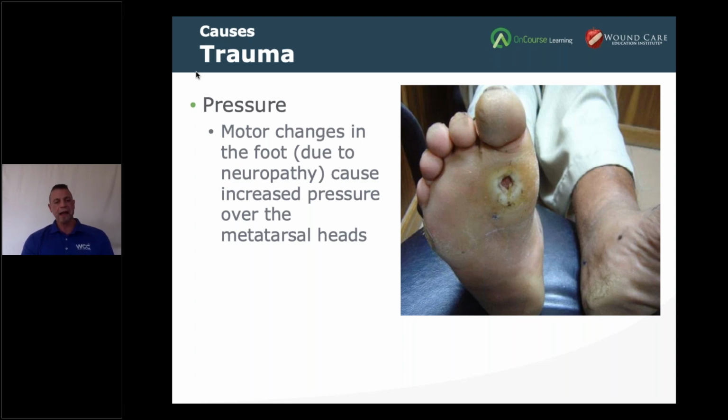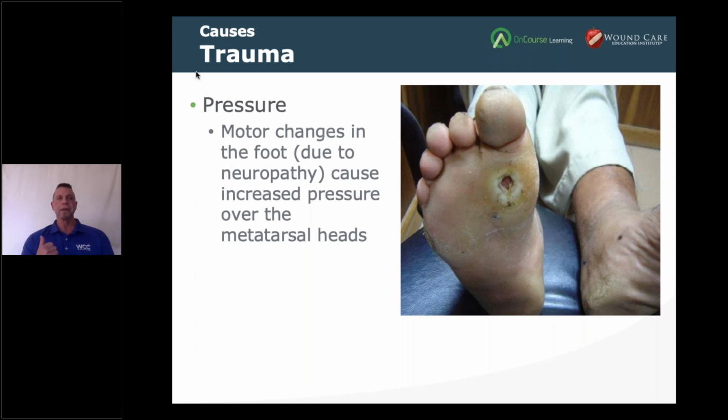In the case of our diabetics, it is not low force continuous pressure. It is generally moderate to high force pressure that is repetitive, okay? That is why you see these most commonly on the plantar surface of the feet, because they're walking, which is a repetitive activity.